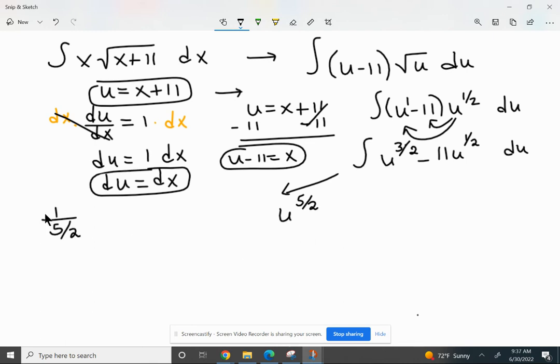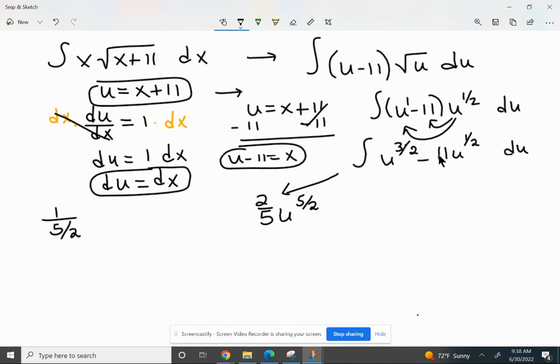If you have 1 divided by a fraction, that's basically taking the reciprocal. You just flip it. 1 over 5 halves is 2/5. So I have 2/5 u to the 5 halves for the first part.